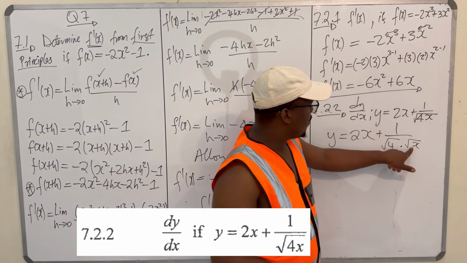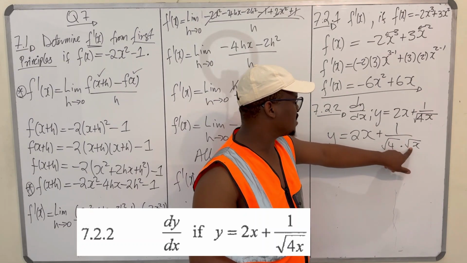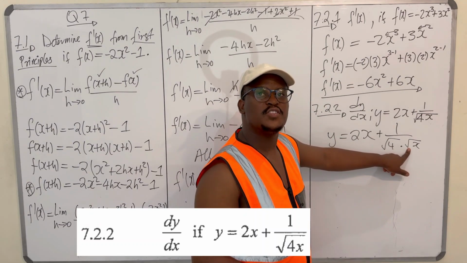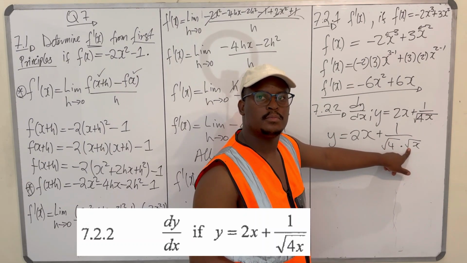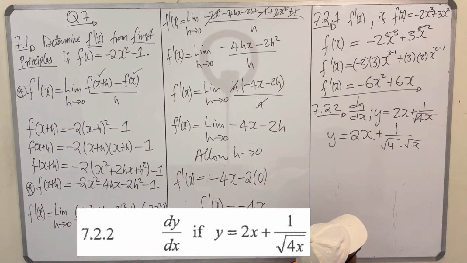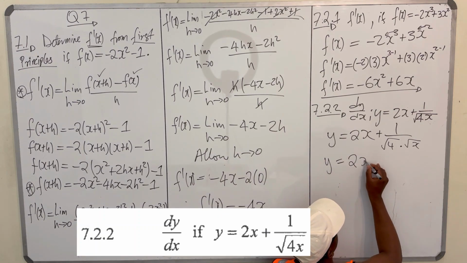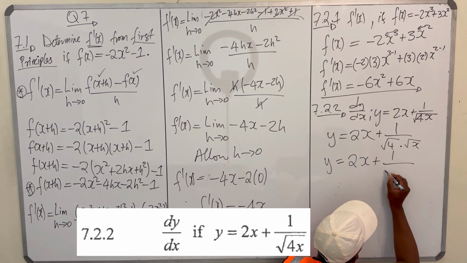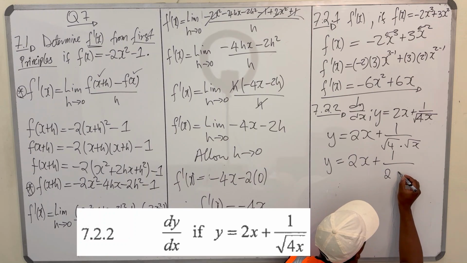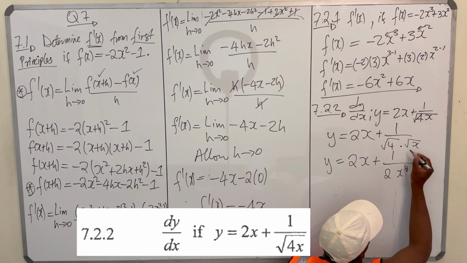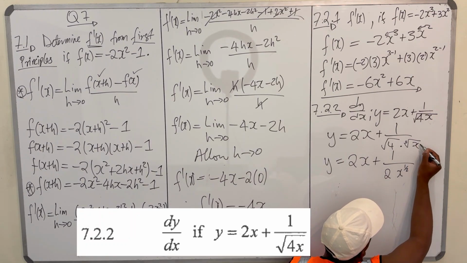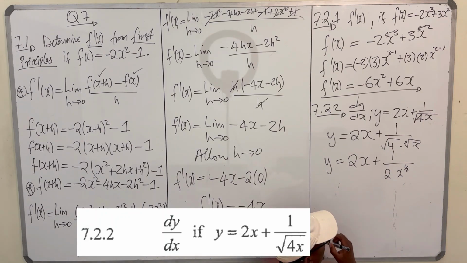So we have to convert that square root into exponential, or power, form. So y is equal to 2x plus 1 over the square root of 4, which is 2, times x raised to 1 over 2. Because if you have a square root, there's a 2 there, there's a 1 there, so it's 1 over 2.